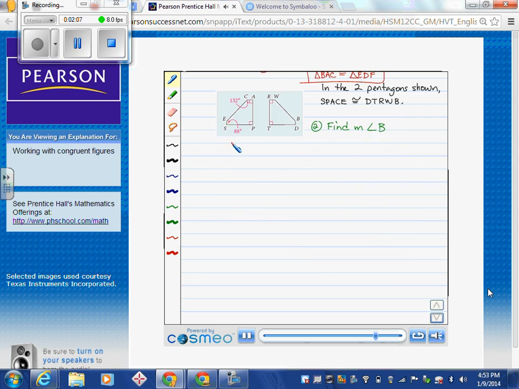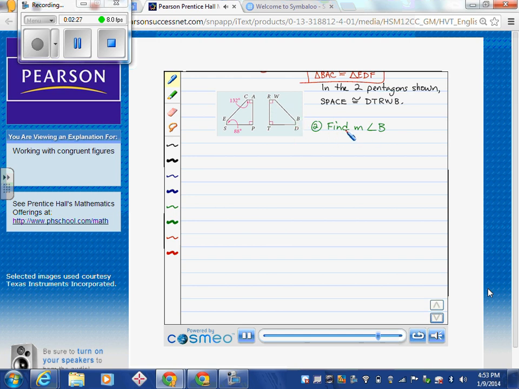These are pentagons rather than triangles. And you're given that pentagon SPACE is congruent to pentagon D-T-R-W-B. All right?